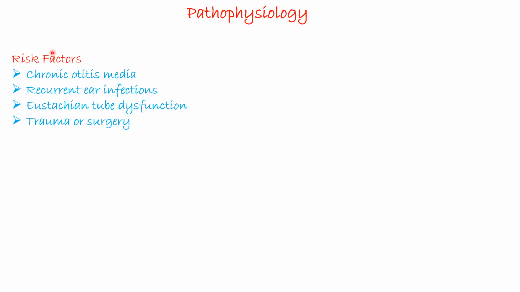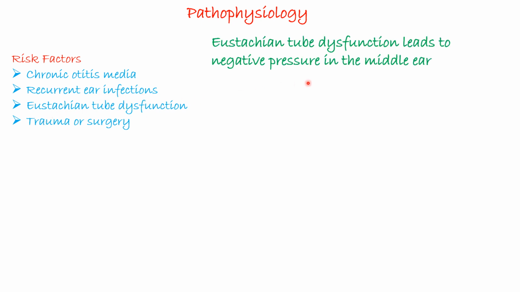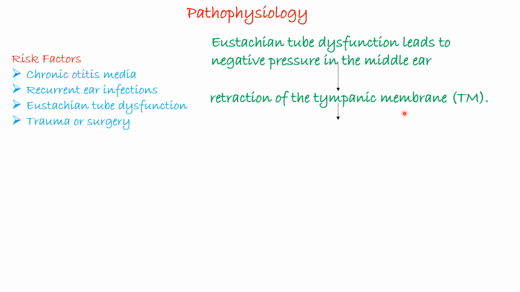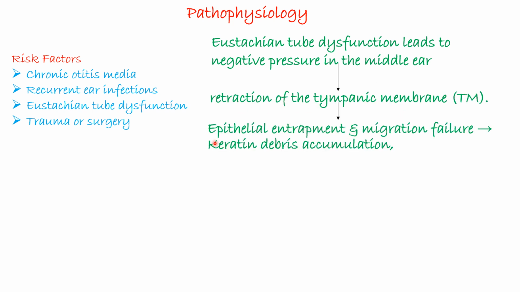So let's look at the pathophysiology, and before that, the risk factors. The risk factors of cholesteatoma include chronic otitis media, recurrent ear infection, eustachian tube dysfunction, trauma, or surgery. The pathophysiology: you're going to have eustachian tube dysfunction, and this leads to negative pressure in the middle ear. This leads to retraction of the tympanic membrane, and this retraction leads to epithelial entrapment and failure of migration.